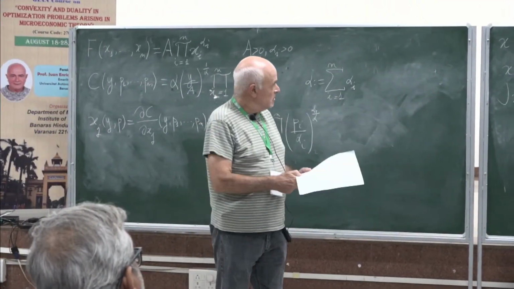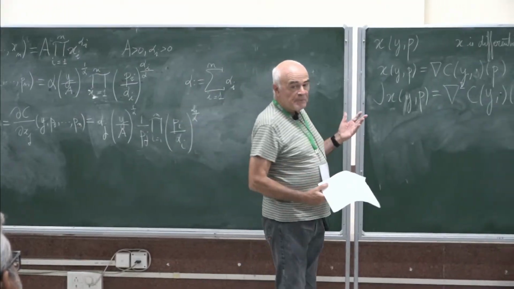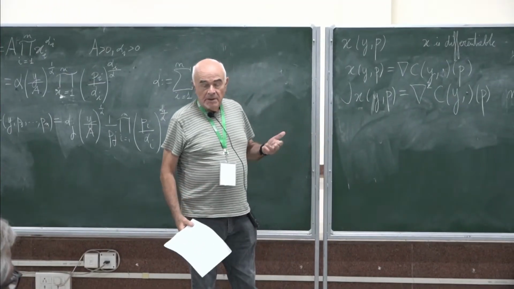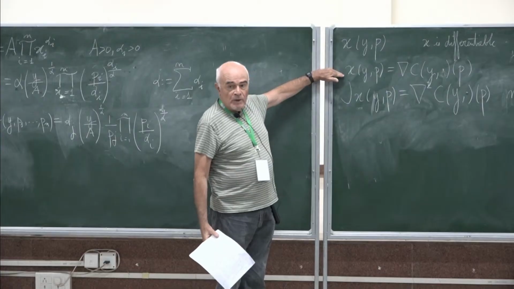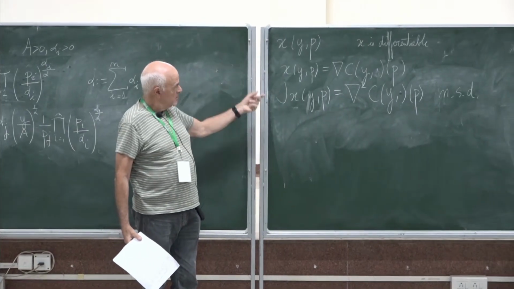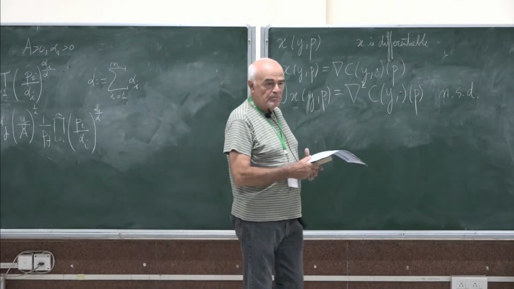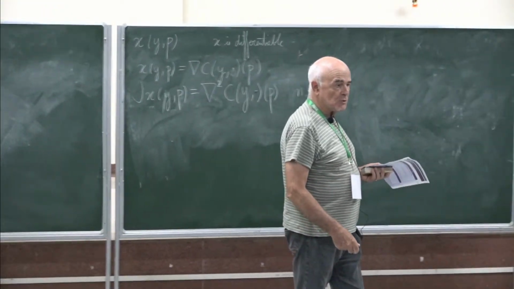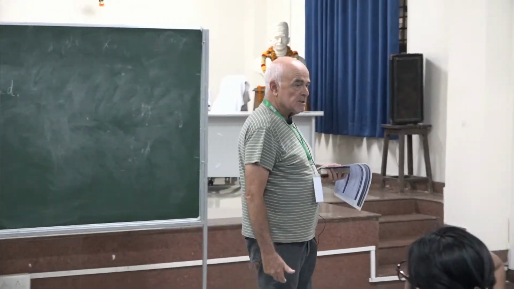Then, conclusion. Maybe unexpected. I mean, it's expected because of this, but if we didn't know Shephard's lemma, I could not suspect that the Jacobian matrix of the input demand function is negative semi-definite. And this has some consequences.